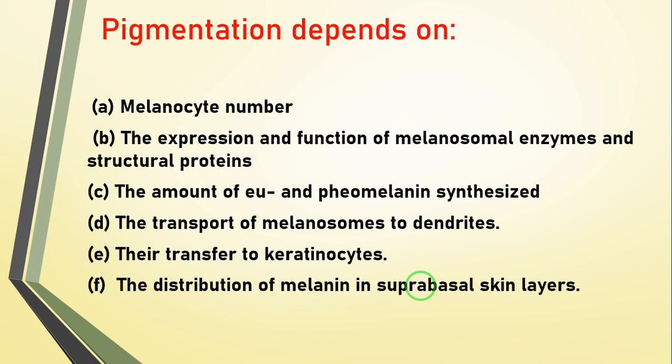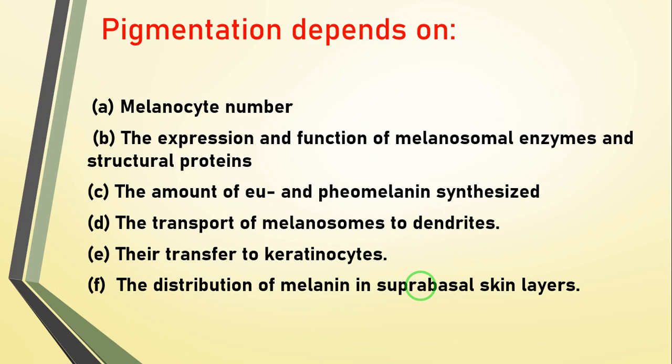And sometimes all of the synthetic steps are normal, but there is a defect in the transport of the melanin from the melanosome to the keratinocytes. Also, the distribution of the melanin in the basal layer of the skin.